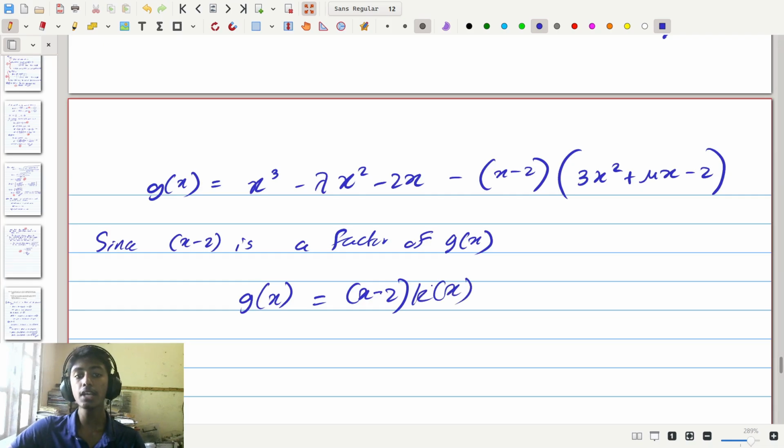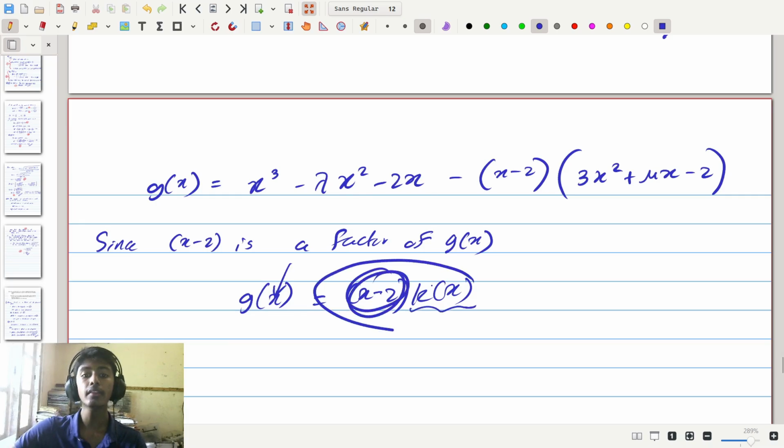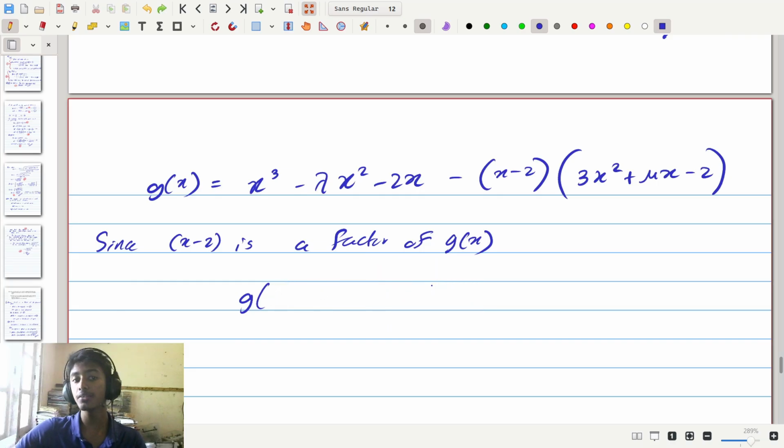If we substitute x equals 2 into here, this whole bit is going to be equal to 0, so it doesn't matter what k of x is, the whole thing is going to be equal to 0. So we can see that since x minus 2 is a factor of g of x, g of 2 must be equal to 0.